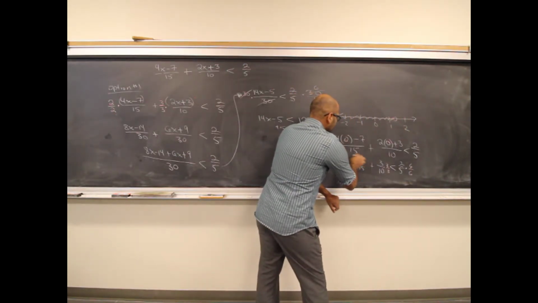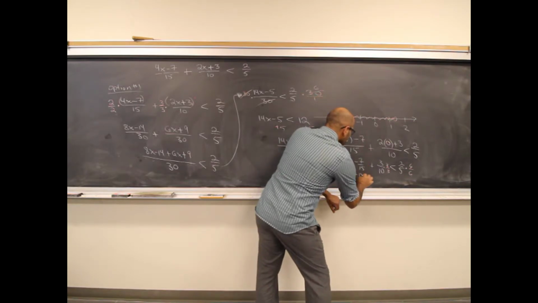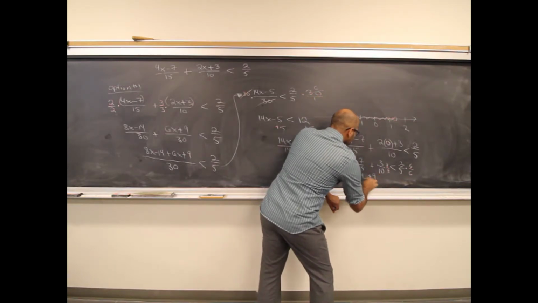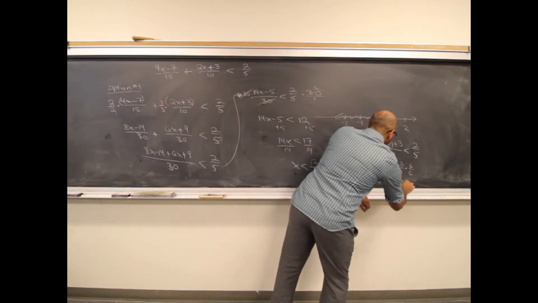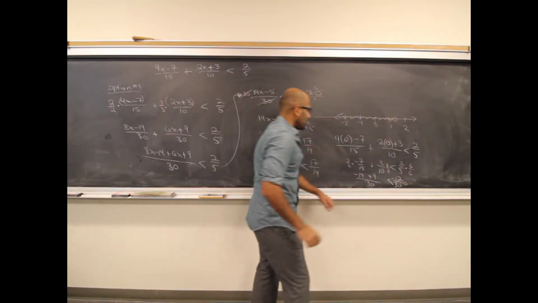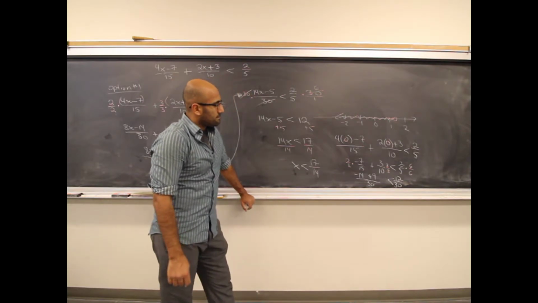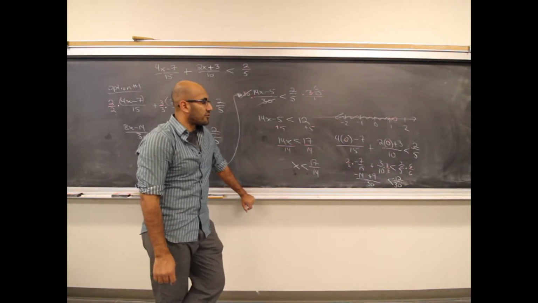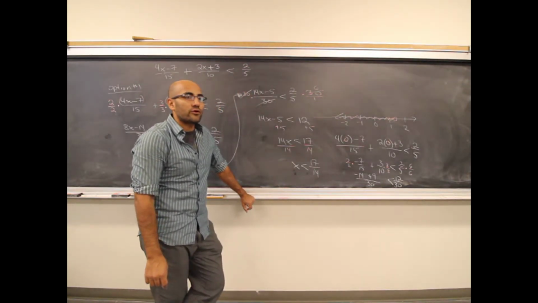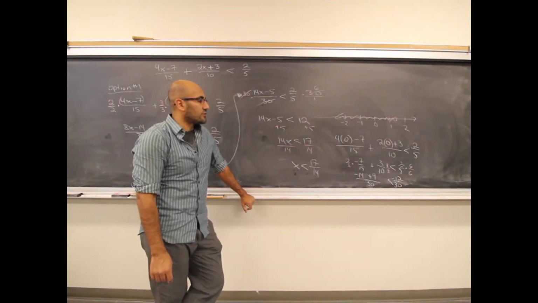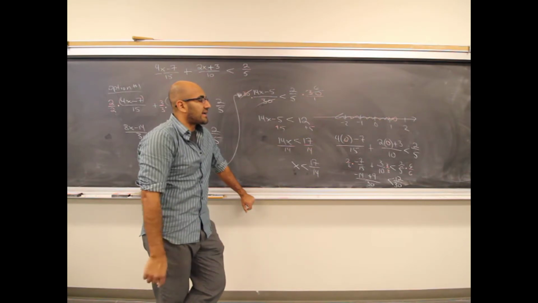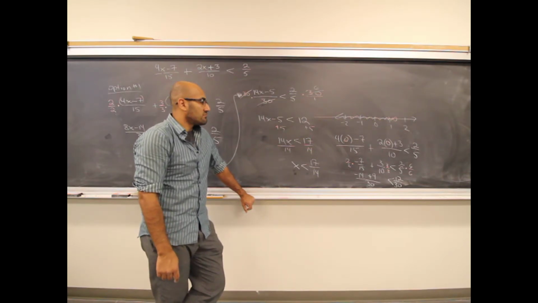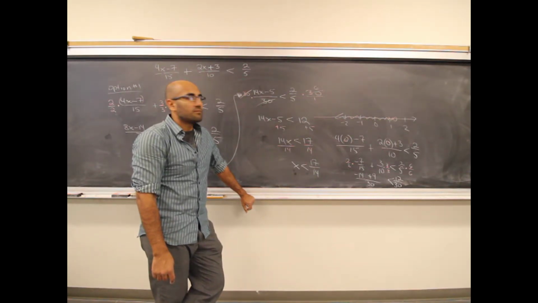So this is going to be -14 plus 9 all over 30 is less than 12 over 30. Is that true? It's going to be -5 over 30 is less than 12 over 30, right? Yeah, that's true. The left-hand side is going to be a negative number, the right-hand side is a positive number. So yeah, that's true. Good.